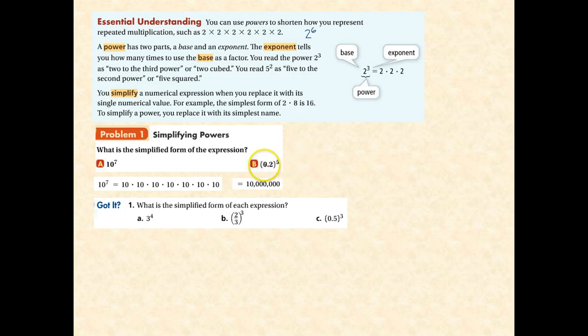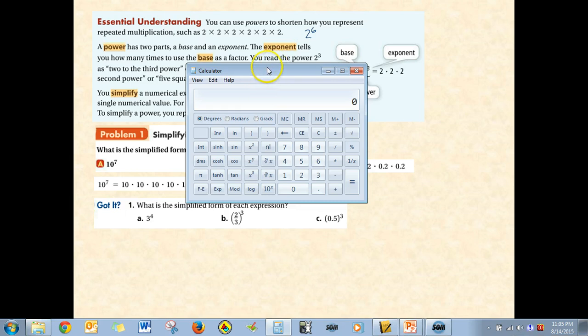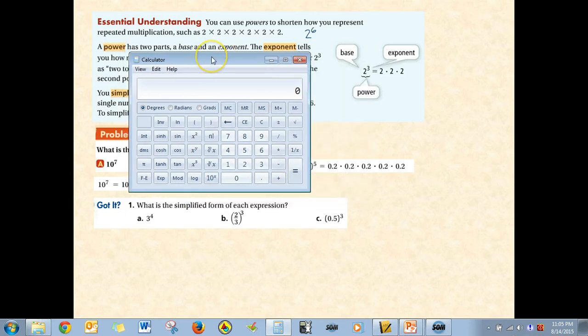What about 0.2 to the 5th? What does that mean? It means 0.2 times itself 5 times. 0.2 to the 5th is 0.2 times 0.2 times 0.2 times 0.2 times 0.2. And if we were to use a calculator, 0.2 times 0.2 times 0.2, there's 3, times 0.2, there's 4, times 0.2, there's 5.